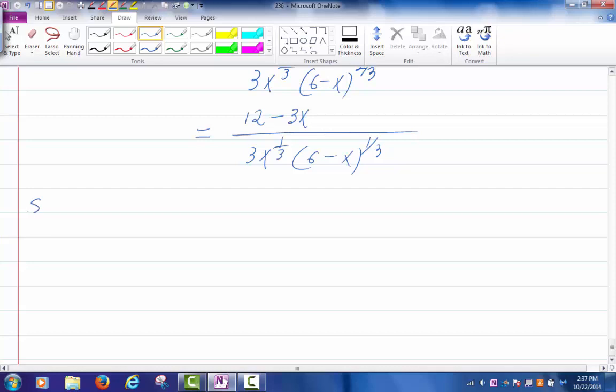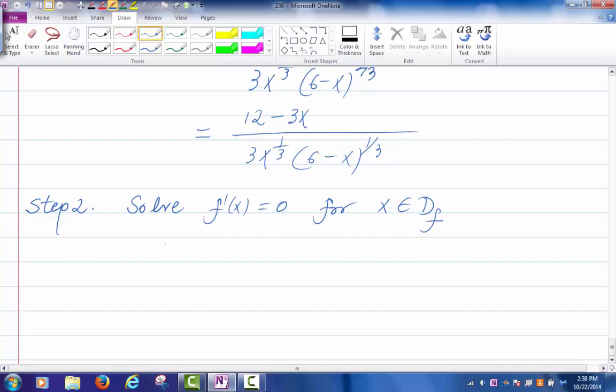Okay, now we are ready for step 2. Solve f prime of x equals 0 for x in the domain of the function. Well, the derivative is a fraction here, right?